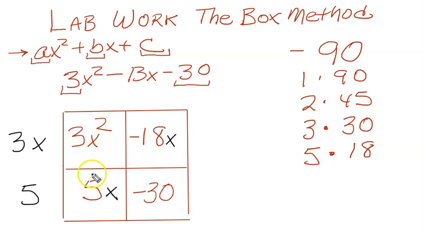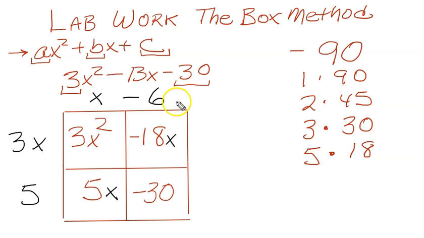Okay, now what can I factor out this way? I could factor out an x. And what can I factor out this way? Now a negative. I had to think about that for a moment. That would be a 6. And you would go here 3 times what would give you the 18.